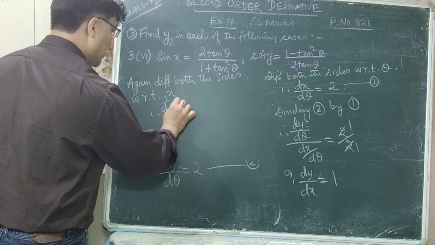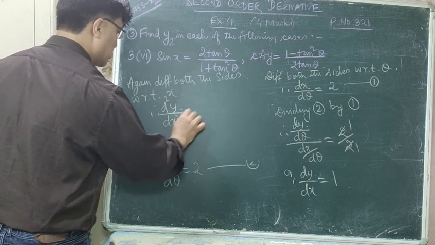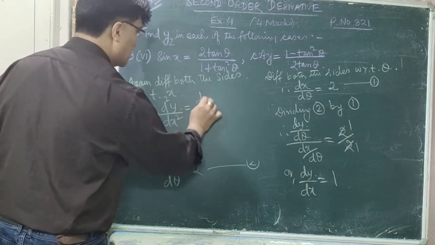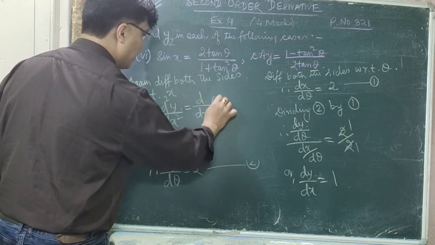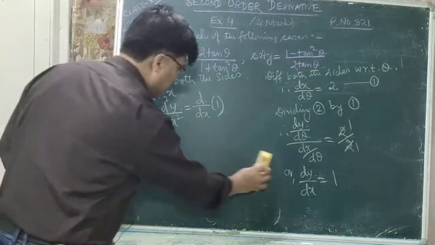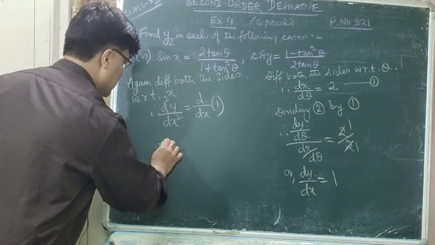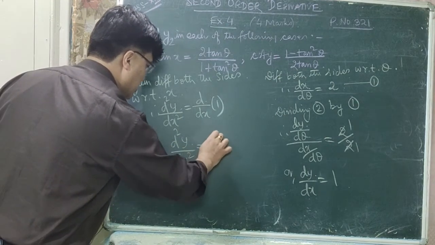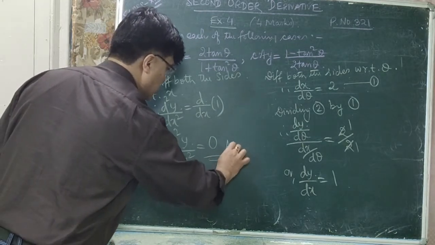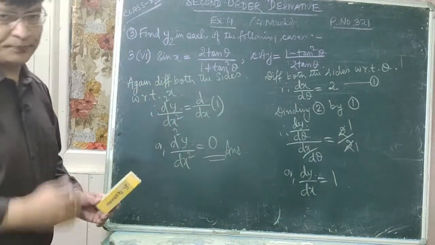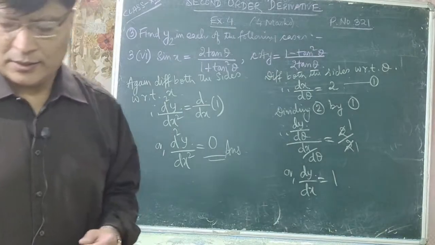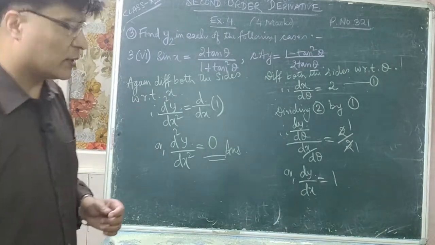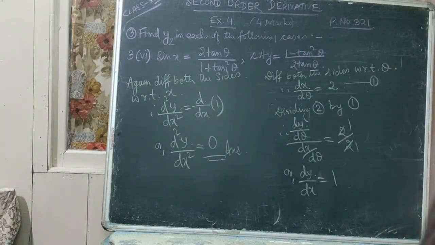So therefore d square y by dx square is equal to, this is your d by dx of 1. So what is d by dx of 1? It is 0, you know that, right? So d square y by dx square is equal to 0. So this is the final answer. So I think you have understood the problem. So now we'll do the next question now.